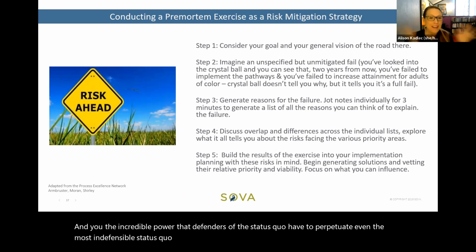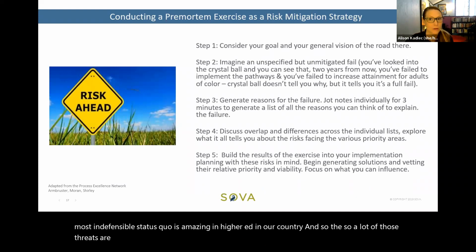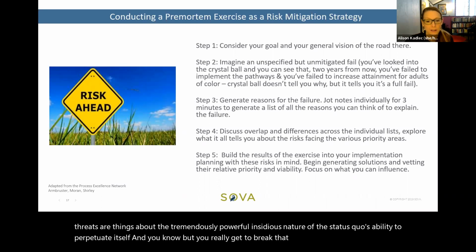It is amazing in higher ed in our country. So a lot of those threats are about the tremendously powerful, insidious nature of the status quo's ability to perpetuate itself.